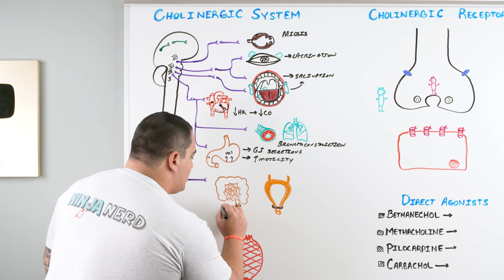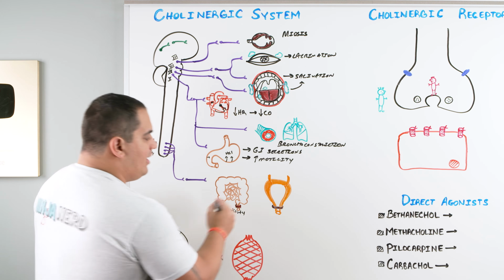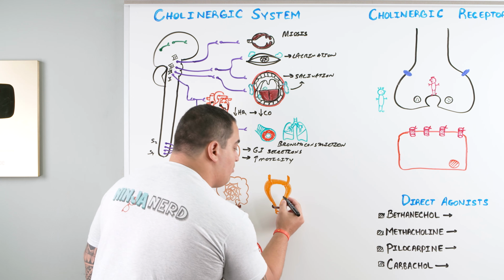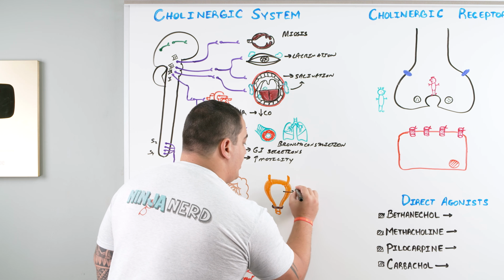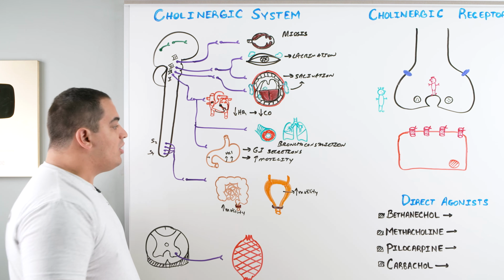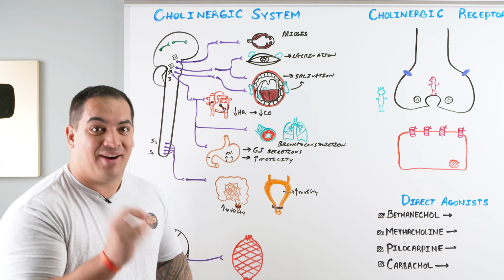And again, it works to increase motility and defecation, right? And then for the urinary tract, it works in the bladder, on the detrusor muscle, to cause an increase in motility of the detrusor muscle to be able to empty urine. So these are important when you think about these types of functions of the parasympathetic nervous system.